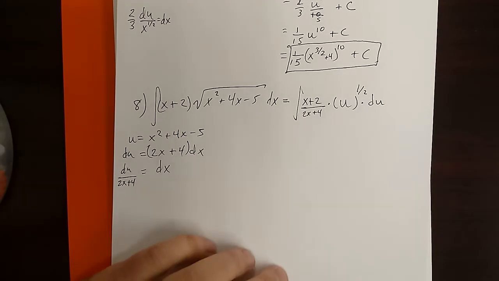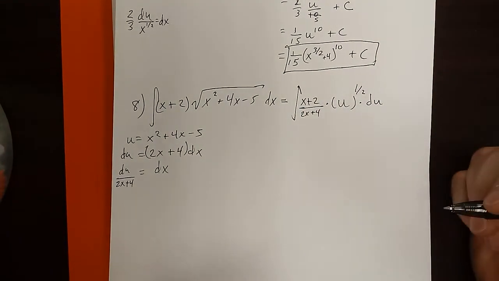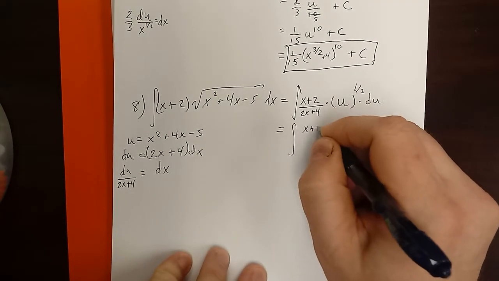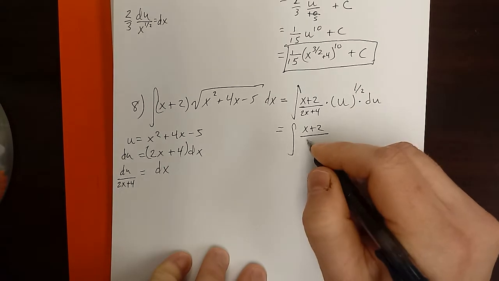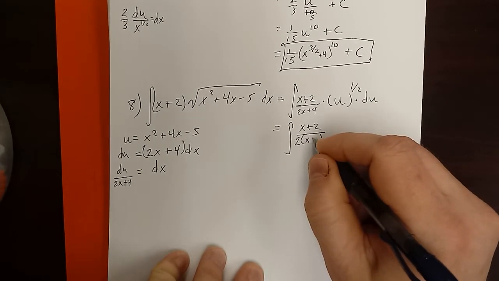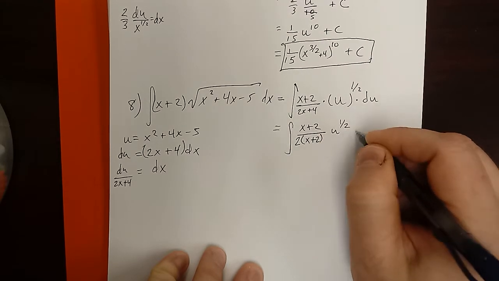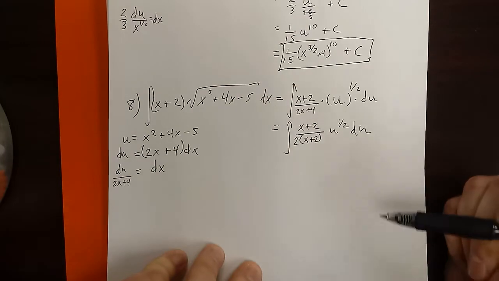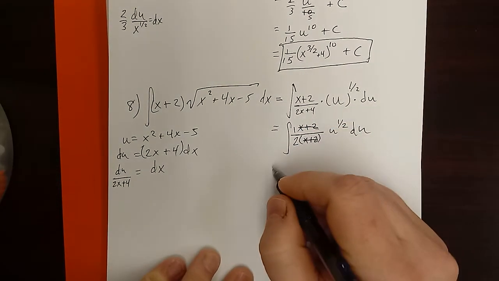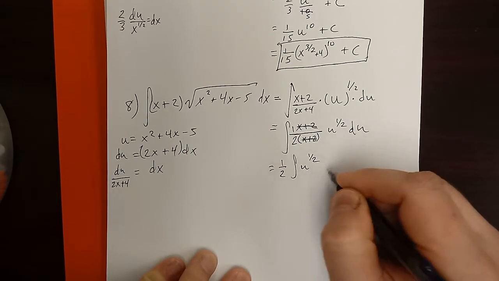So if you're stuck here, and this looks different than the other ones, yes and no. Think about the x plus 2, and then on the bottom, if we factor out a 2, what's left inside? All of a sudden, the x plus 2's cancel. We're left with a 1 over 2. So we can pull the 1/2 out front of the integral.